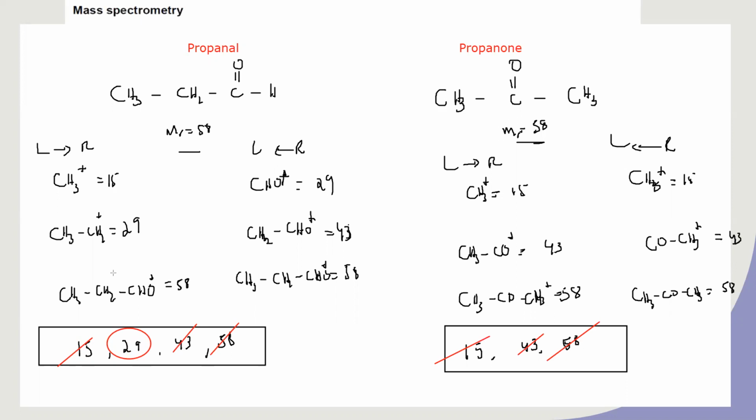Is it clear? So two molecules may have the same molecular formula or molecular mass, but they will have different fragments in a mass spectrometer. Is it clear?